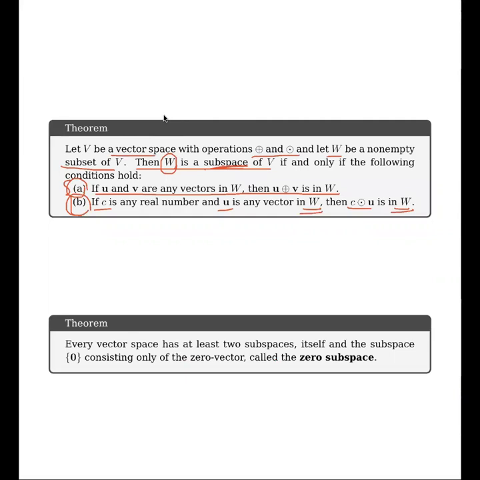Once they are holding in the larger space, they automatically will hold in the smaller space. The only things that we have to check is whether, if you take any two vectors, their sum is still in that small set, and this property: C times U should be in that small set. So this is a very, very important theorem. We will see some examples of it in the next slides.